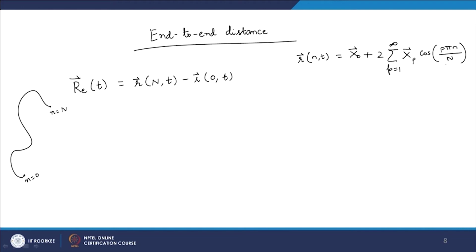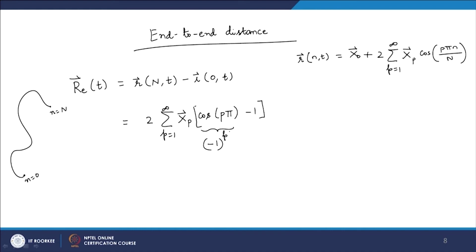What we do get is x0 will cancel out, and we have something like this. This, by the way, is minus 1 to the power p.